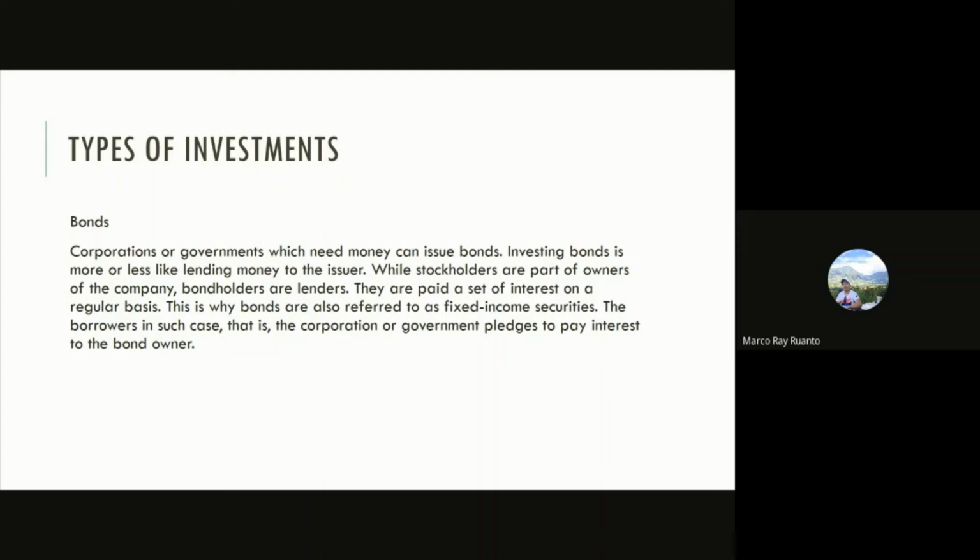Okay. So when you are going to invest something in a company or a corporation, no? When you are going to invest something, they will offer you a certificate.